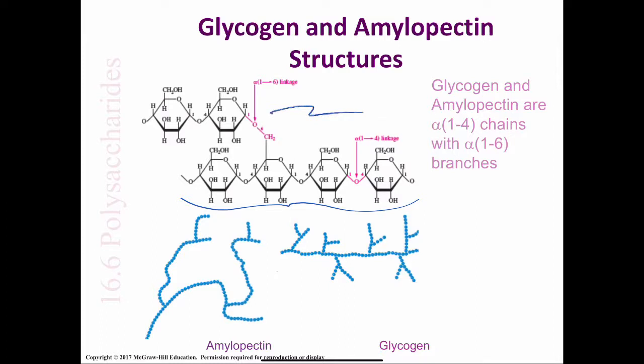But the difference is that the branching in glycogen is more frequent. You remember that it was about every 10 units, whereas in amylopectin, the branches are much farther apart, about every 20 to 25 units. Also, you'll notice here that the branches in glycogen are shorter, and the branches in amylopectin are quite a bit longer than they are in glycogen.